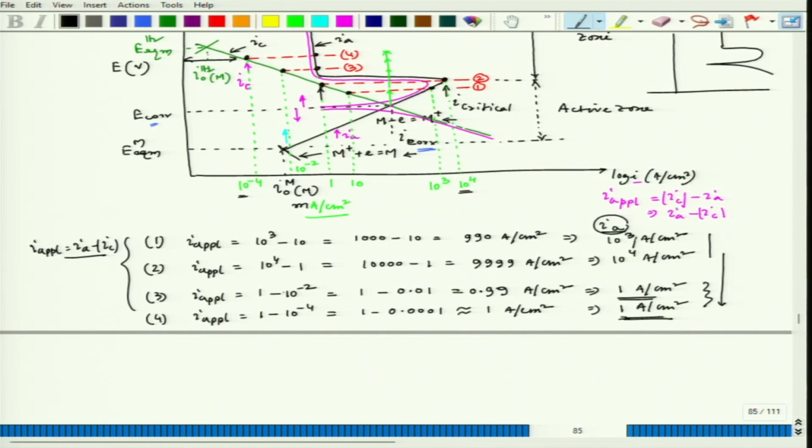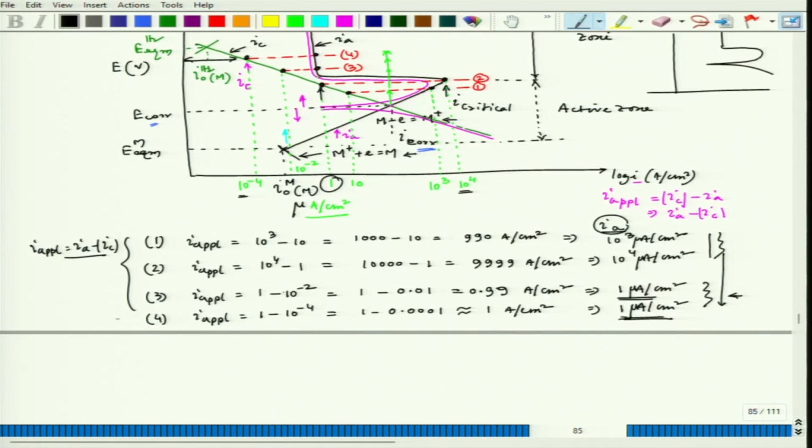So, still if you see this value is quite large, but when you come to this value, it is a very tiny quantity of current we have to pass. This is in terms of microampere. At 1 microampere per centimeter square, the corrosion rate is extremely low.